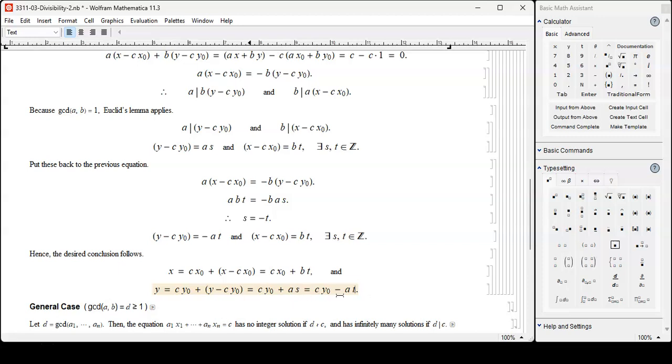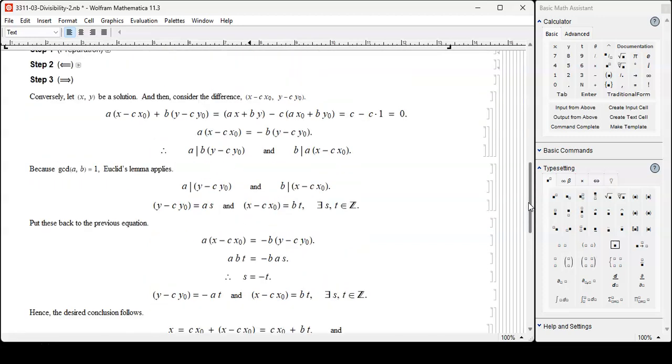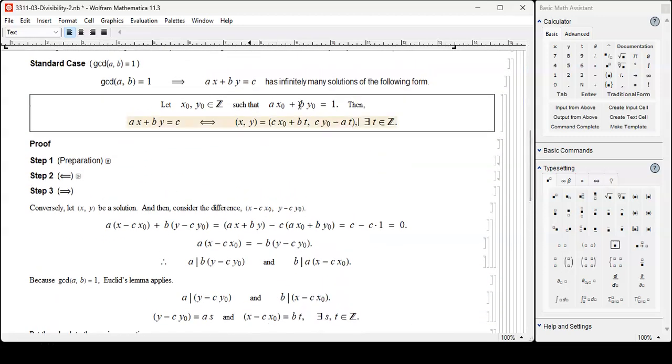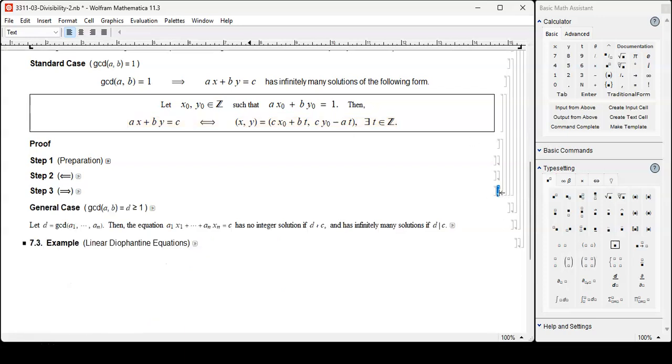Used to be plus at, now minus at, because s and t are the same except for the sign. Isn't that what we wanted all along? Yes, indeed. So that concludes the proof.